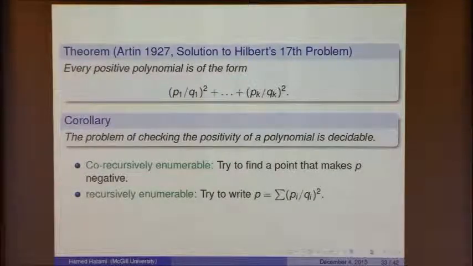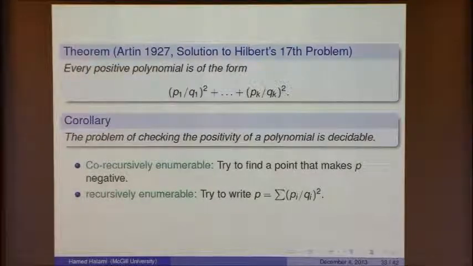And in parallel, we try to write it as a sum of squares. In this theorem, you can assume that coefficients are rational. So I have these two countable sets, and I go over all the possible choices in parallel. Either at some point I'll find an assignment to variables which makes the polynomial negative, or I'll succeed in writing it as a sum of squares. So in any case, I'll know the answer, whether it's positive or not.